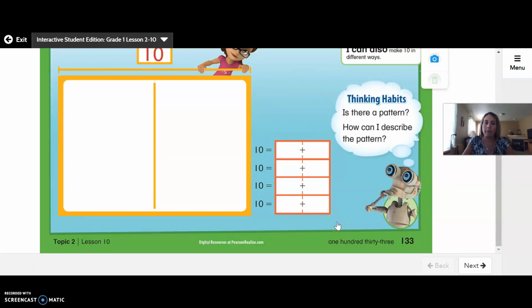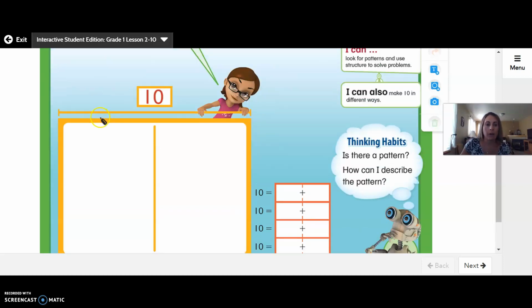All right, so I have my counters, and rather than showing you my counters on the counter, I'm going to use my red drawing tool to show you different ways that I can arrange my 10 counters. So if I have these two parts on my part-whole mat, I know that my whole number is 10. One of the ways that I could arrange my 10 counters is I could put one red on this side, and then I could put 9 more on this side.